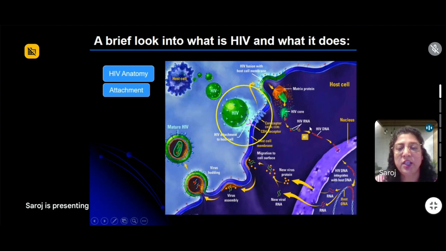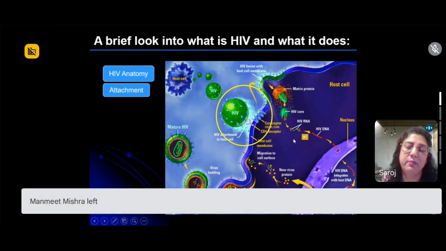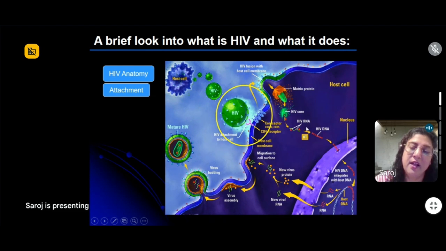So first would be the attachment of the virus to your cell membrane. So you have this lymphocyte. On this lymphocyte, the HIV is recognized by the CD4 receptor. Please do understand that these are the CD4 cells which the HIV is infecting. So they are going to be entering via the CD4 receptor.